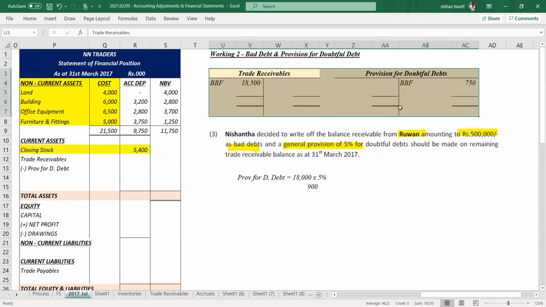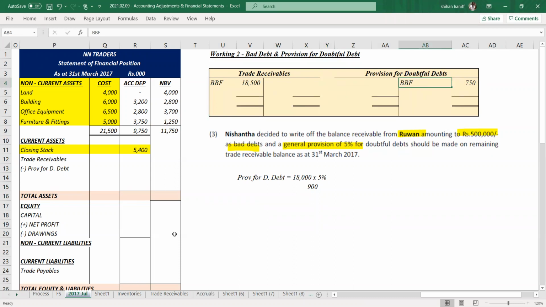I am drawing the two ledger accounts. One is trade receivables, the debtors, and the other is provision for doubtful debt. Opening balance, receivables 18,500, provision account, credit balance 750.